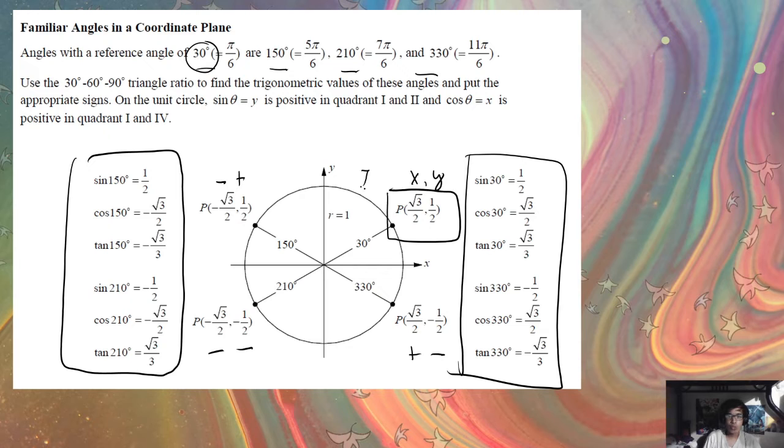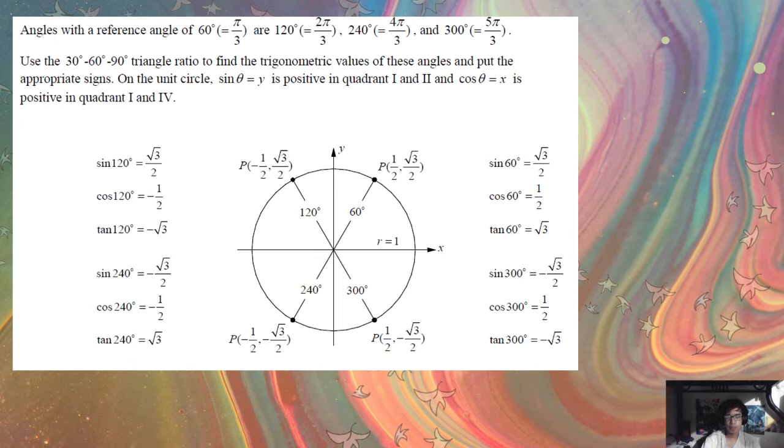For quadrant 1, all positives. For quadrant 2, negative and positive. Quadrant 3, negative and negative. For quadrant 4, positive and negative values. And for the reference angles with the values 60, 120, 240, and 300, we have the radians pi over 3, 2 pi over 3, 4 pi over 3, and 5 pi over 3 respectively.